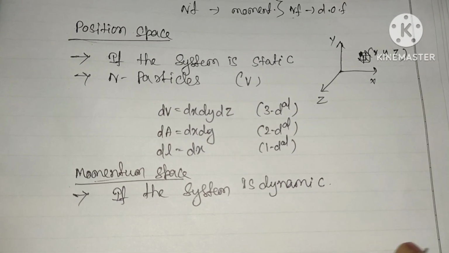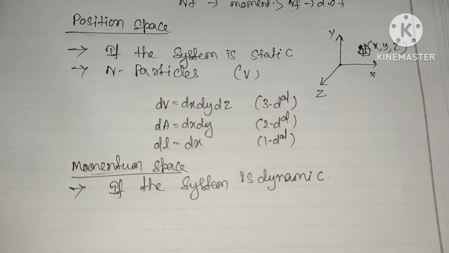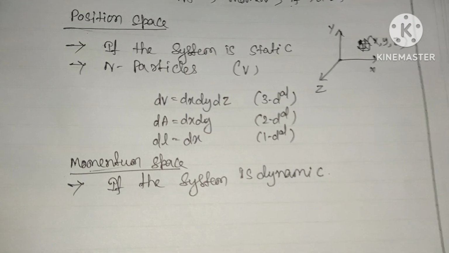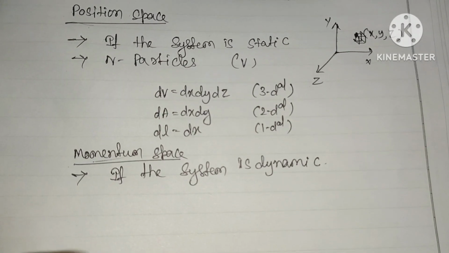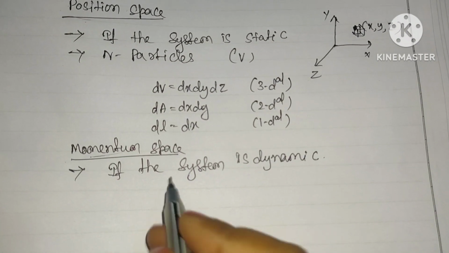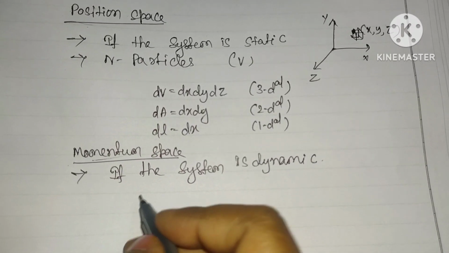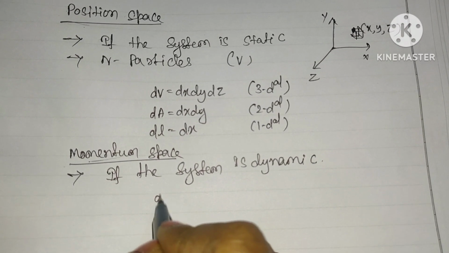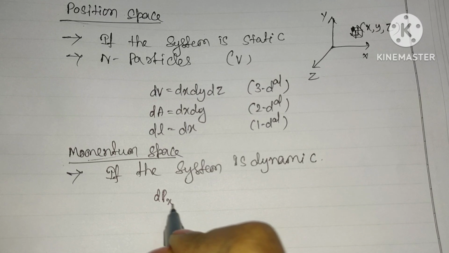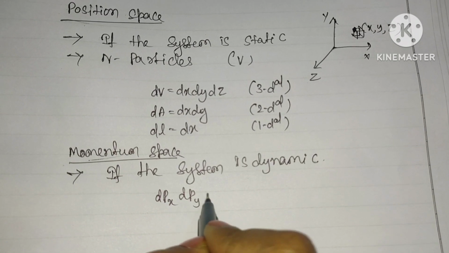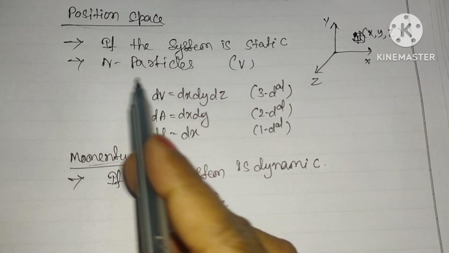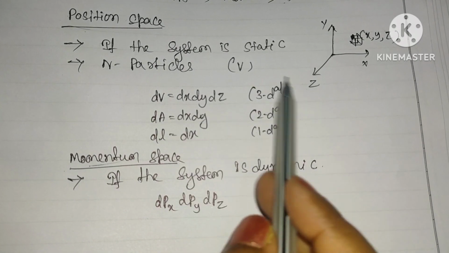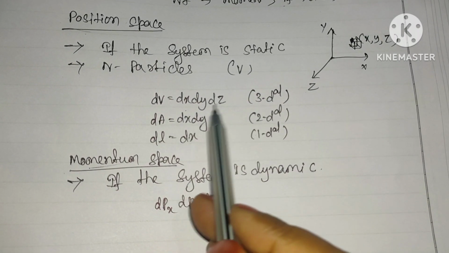A complete specification of such a system can be described in terms of position coordinates only. For momentum space, in a three-dimensional system, I am writing this as dpx, dpy and dpz. In position space, in the three-dimensional system, it is dx, dy, dz.